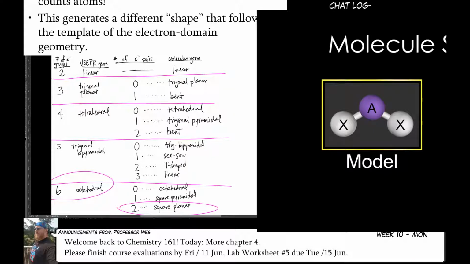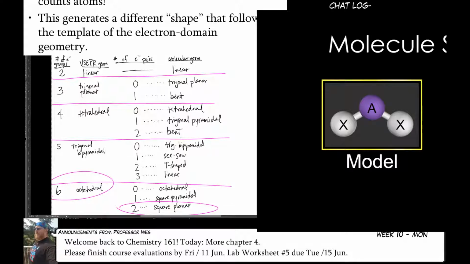So I'm going to give you a molecule. You're going to have to draw its Lewis structure. And you're going to assign it both a VSEPR geometry, which is which family does it belong to? And then you're also going to assign it a molecular geometry, which is which individual member of which family.